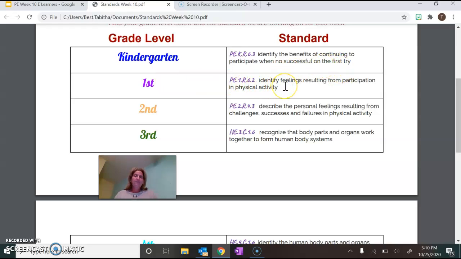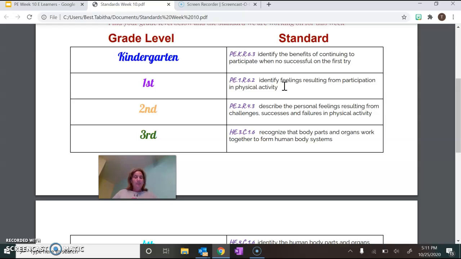First grade, you're going to identify your feelings resulting from participation in physical activity. When you're exercising, doing any type of activity, how does it make you feel? Second grade, you're going to describe the personal feelings resulting from challenges, successes, and failures in physical activity. As I told you, it is going to be a challenge trying to find the 6 pictures that match your picture amongst lots and lots of pumpkin plates.